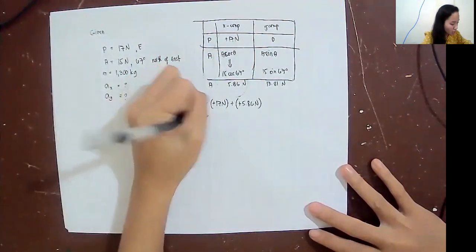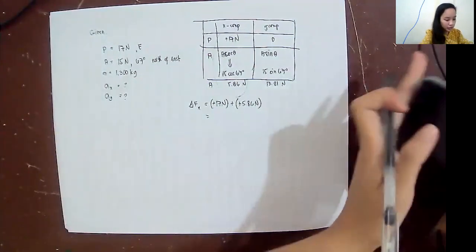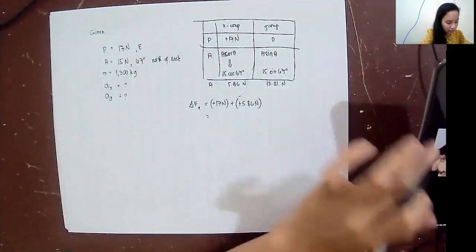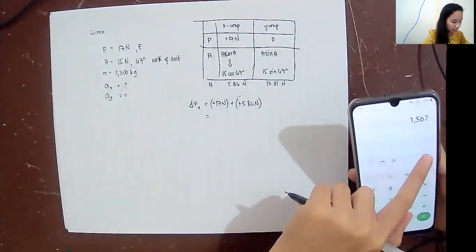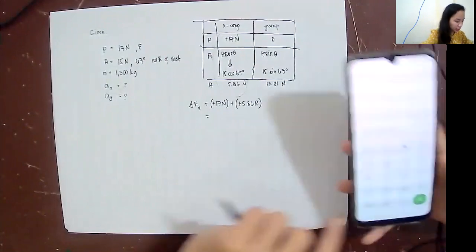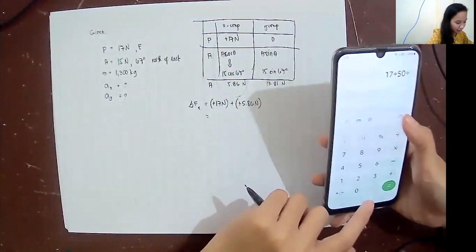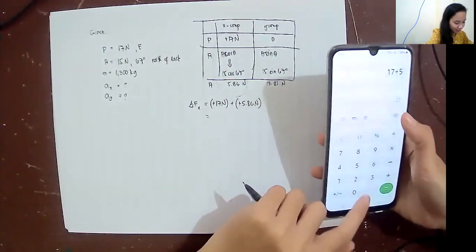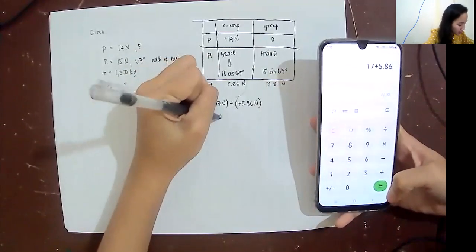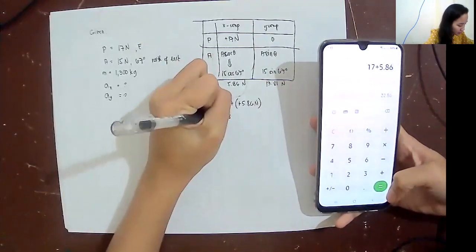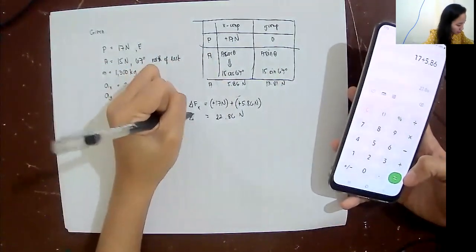So that's for the forces along X. Now your forces along X is equivalent to 22.86 newtons.